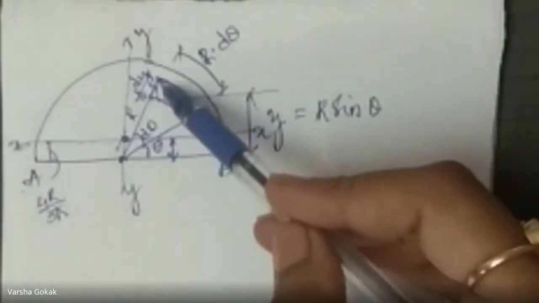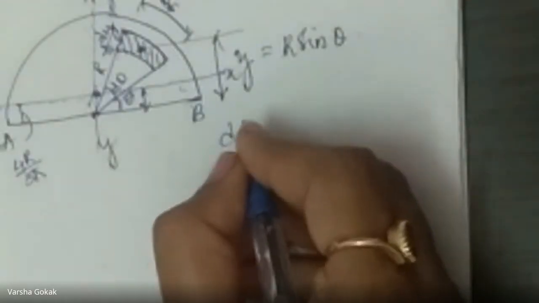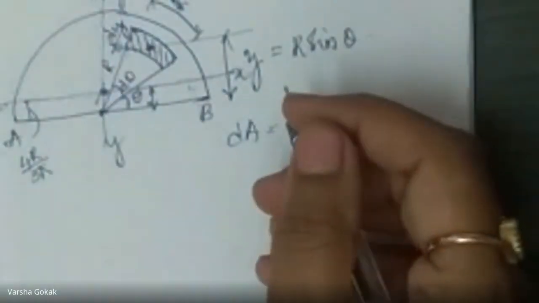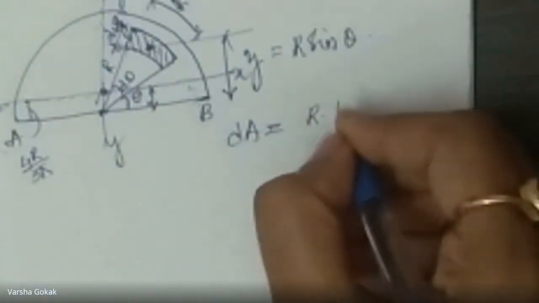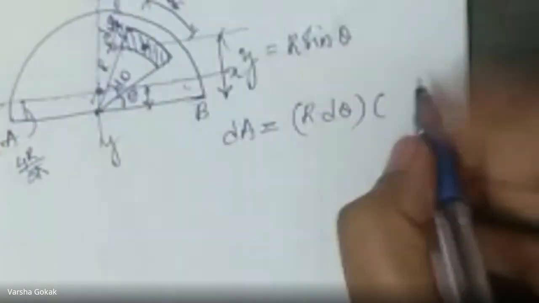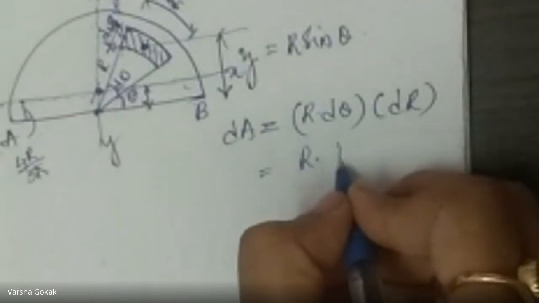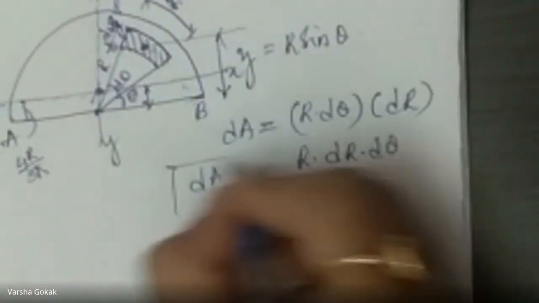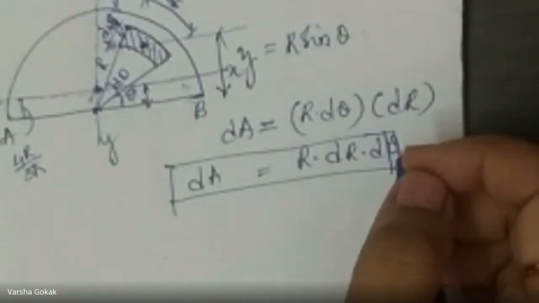The area of the differential element will be given by, what is the area now? dA is going to be equal to this into dr. Sorry, dr, this is not dy, dr. So this is going to be r into d theta into dr. Correct? So this becomes r dr into d theta. That is the differential area. Okay, so dA is r dr into d theta.